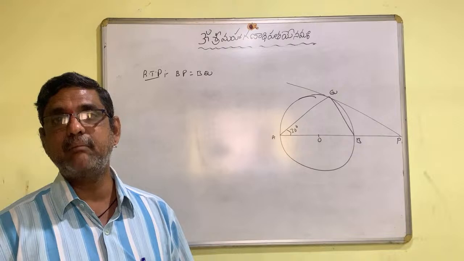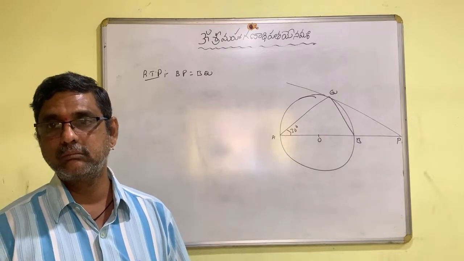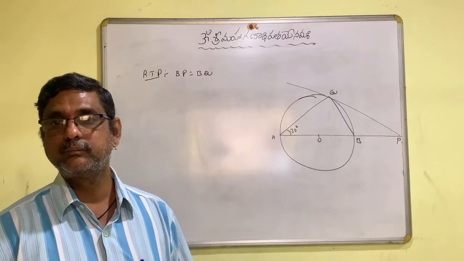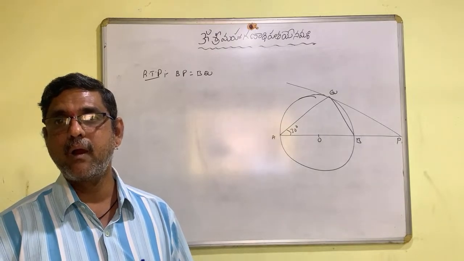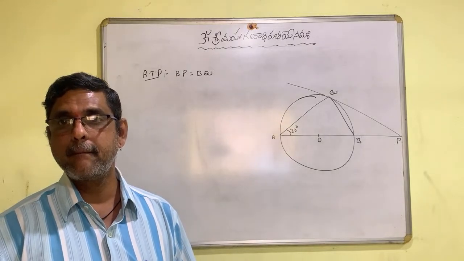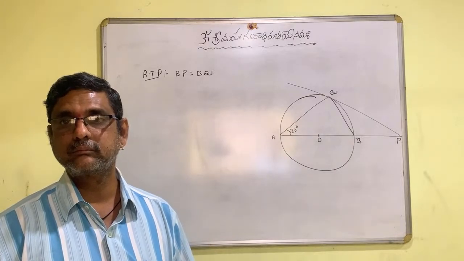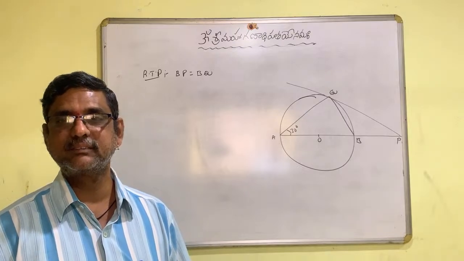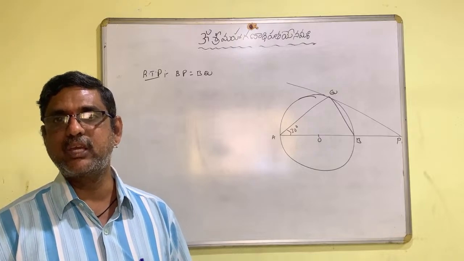Given AOB is diameter and PQ is tangent at Q. Angle AQB is 90.